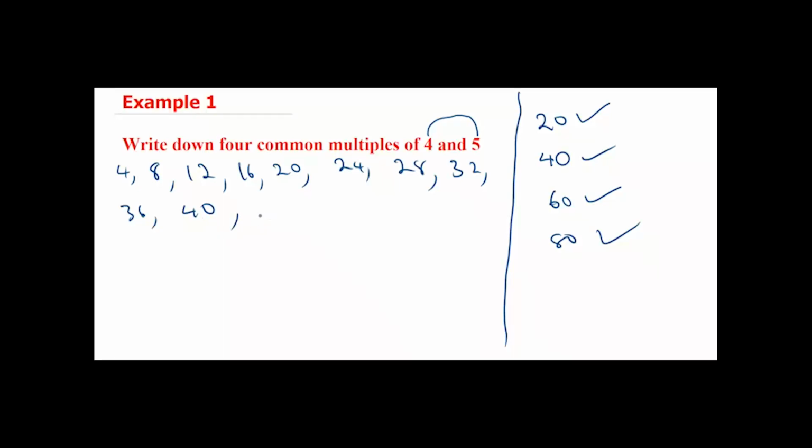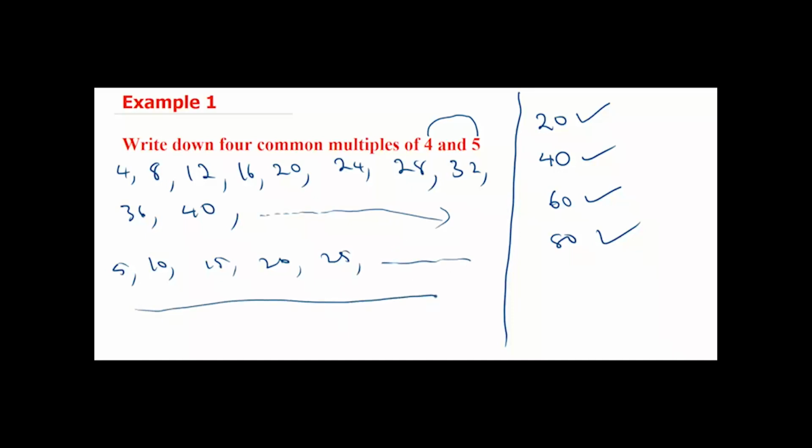You see, you have to count up to 80 here. And the same thing for 5. You have 5, 10, 15, 20, 25. You count up to 80 again.